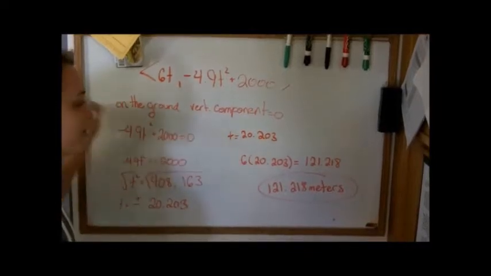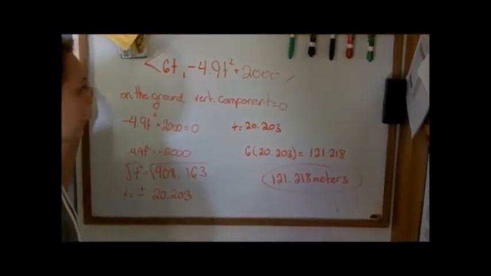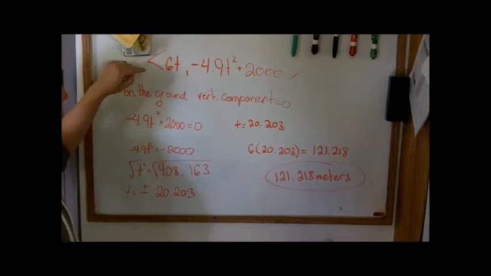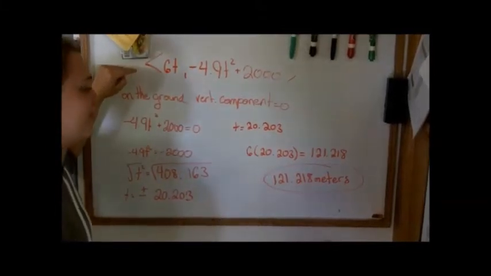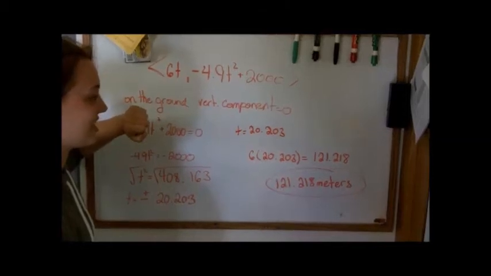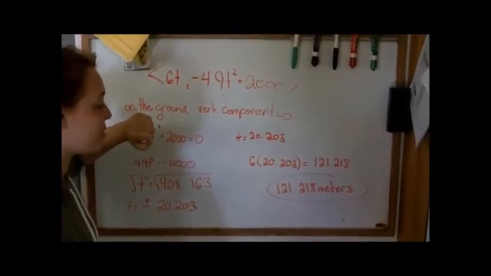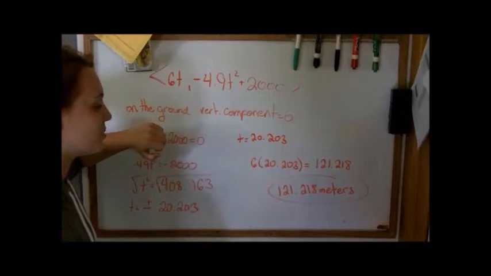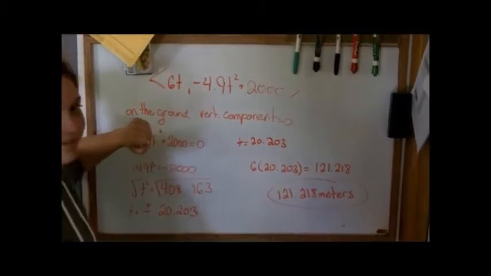Now, when t equals 20.203 seconds, we can plug this into the horizontal component to find the horizontal displacement. So 6t becomes 6 times 20.203 seconds, and we end up finding that the horizontal displacement is 121.218 meters. That's how you do math, Rose style.